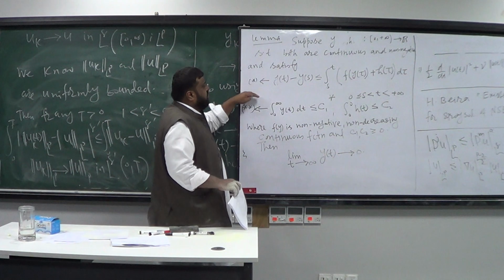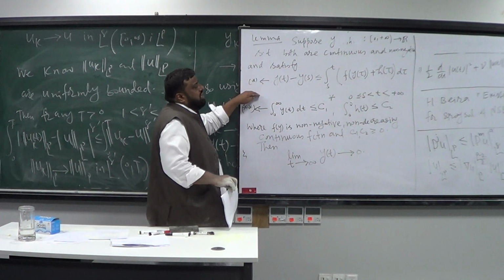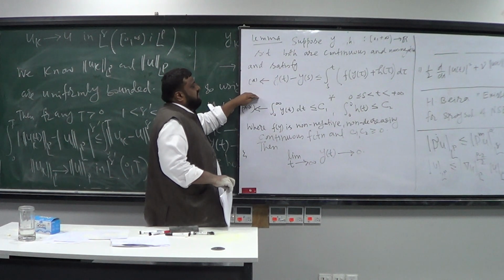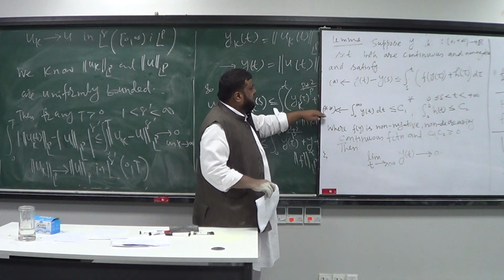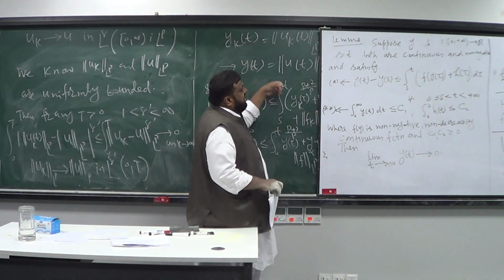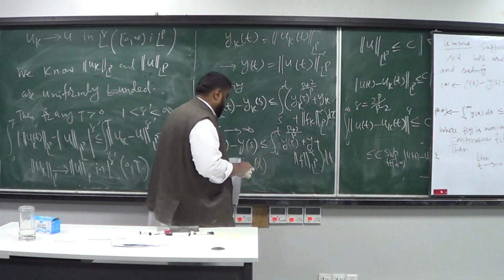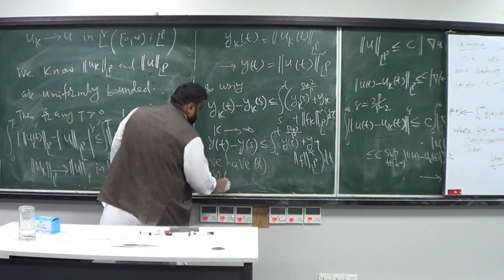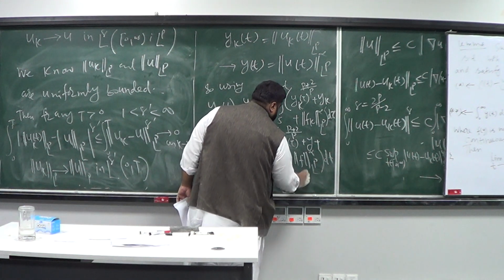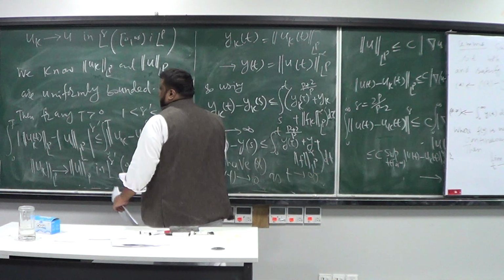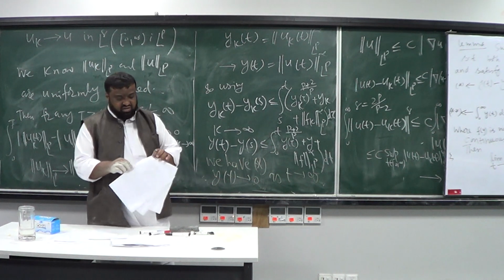You showed that Y satisfies both of these required conditions, and since both are satisfied, by this lemma we can deduce that Y of t goes to 0 as t goes to infinity. And this is really the conclusion of today's discussion.